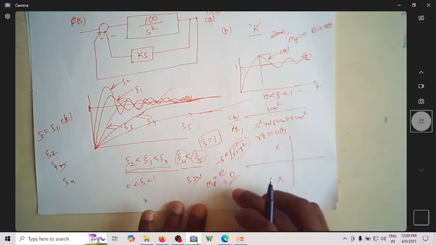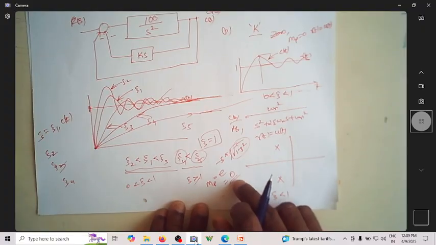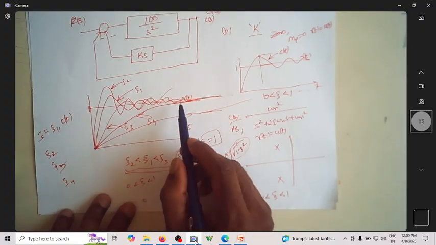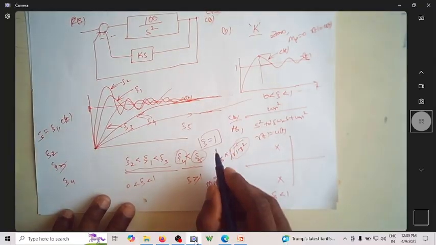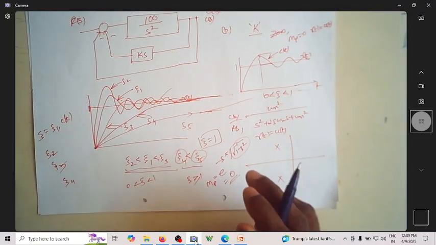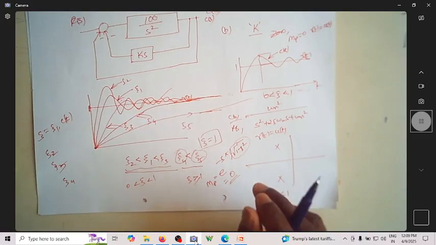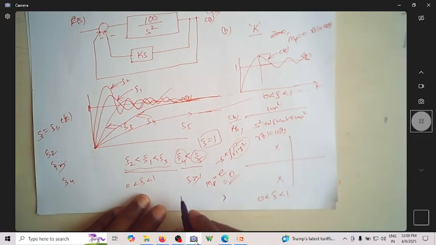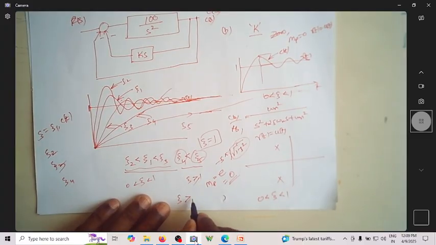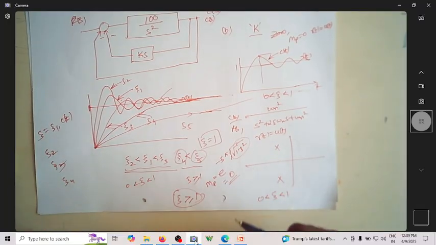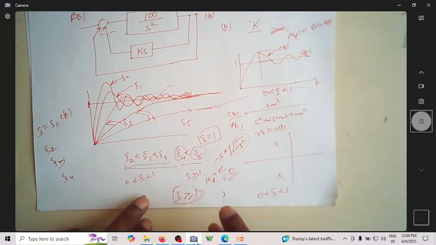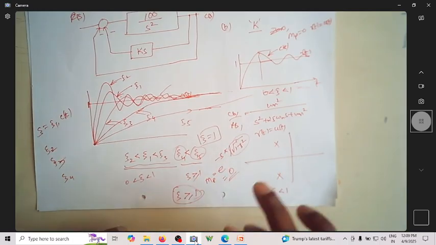So what do you mean by MP equal to 0? MP equal to 0 stands for no overshoot. Whenever you come across a situation where there is no overshoot, then zeta has to be greater than or equal to 1. This is the understanding of that statement.